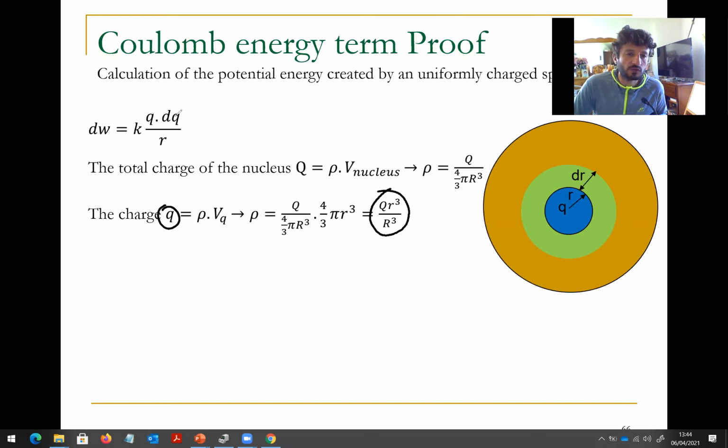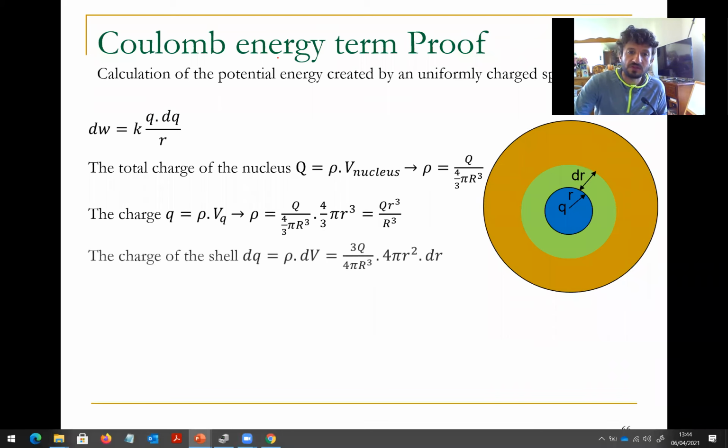And now I want to calculate dq. We can follow the same method. dq equals the volume charge density times the volume of the shell. The volume of any shell equals the surface of this shell times the thickness.